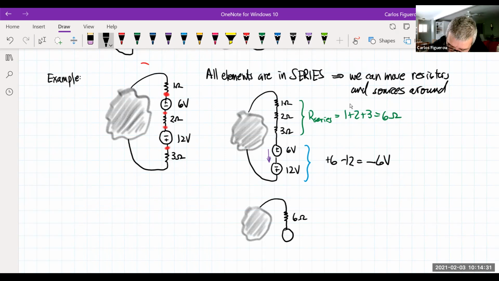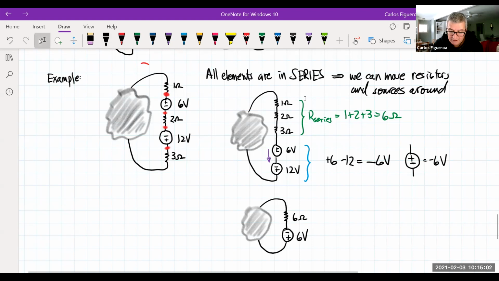Now note, this tells me that I have a single source that looks like this here. According to our definition, the way I picked my path, this source is minus 6 volts. So what am I going to do? I'm going to switch the sign of this guy, and I'm going to go, this is plus minus, this is 6 volts, and that's my equivalent circuit right there.